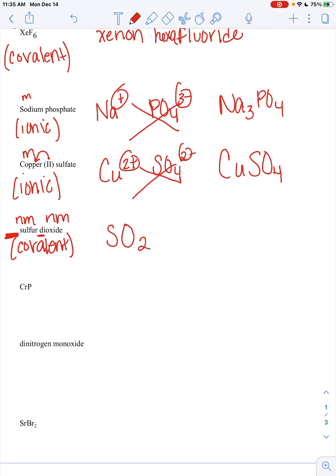Here we have CrP. Cr is a metal. P is a nonmetal, so this is ionic. We have chromium phosphide.